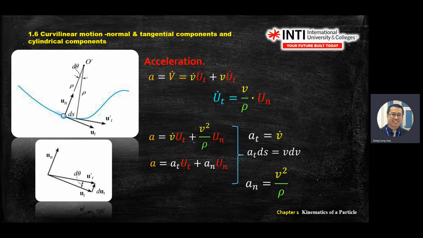Or if you like, this one of course is at, this one is an. So to find acceleration in the tangent direction, you just need to differentiate your velocity with time, with this equation.